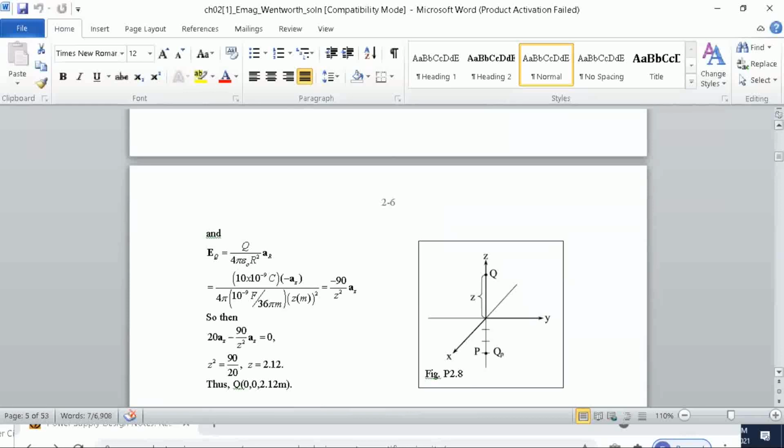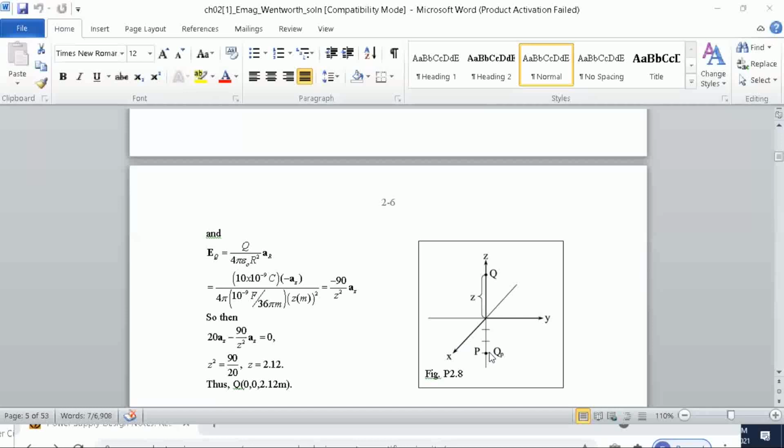All right. This is your QP right here. That's why I said, first thing you do, you make a sketch and put your QP where it belongs.